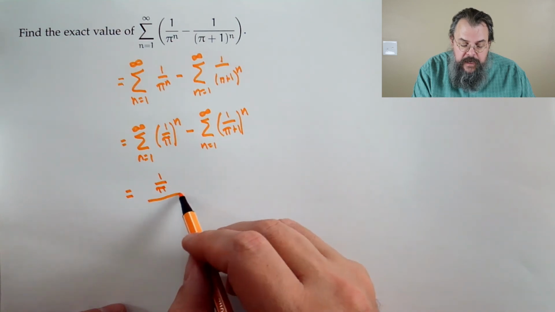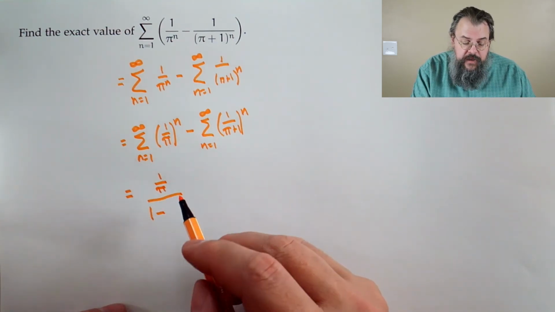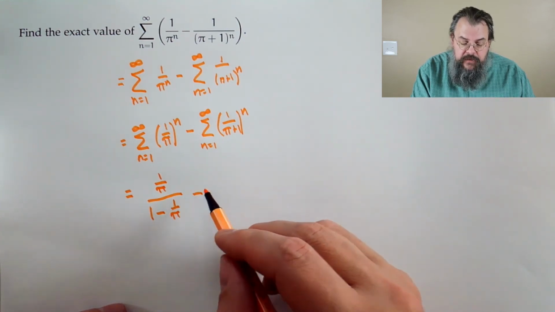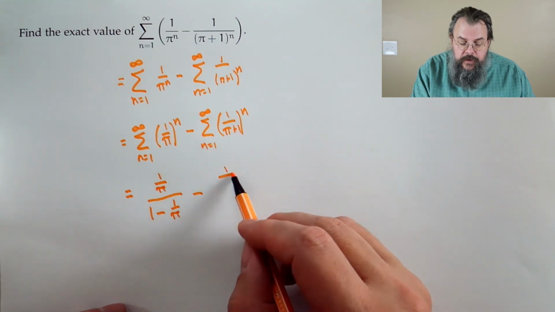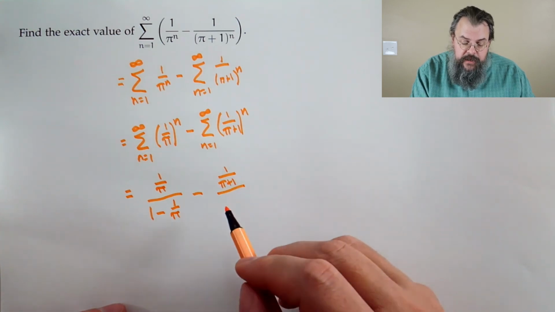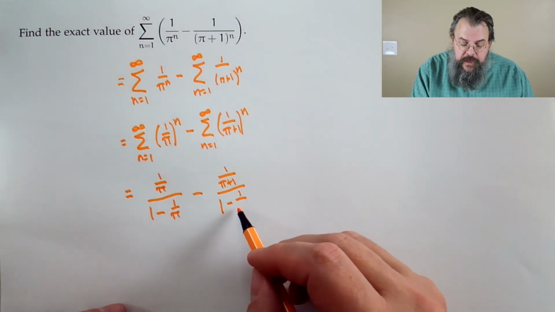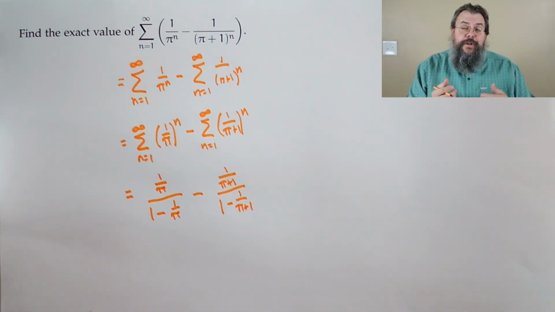And then you divide by 1 minus what you multiply by. So in this case, 1 over pi. Minus, okay, here, the first term, plug in 1 over pi plus 1. Divide by 1 minus what you multiply by, which is this 1 over pi plus 1. And notice that 1 over pi and 1 over pi plus 1, they're both below 1.